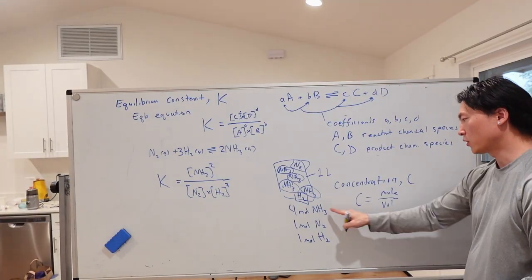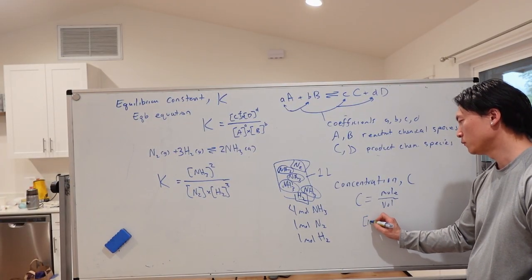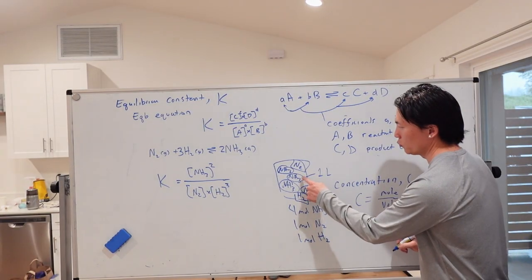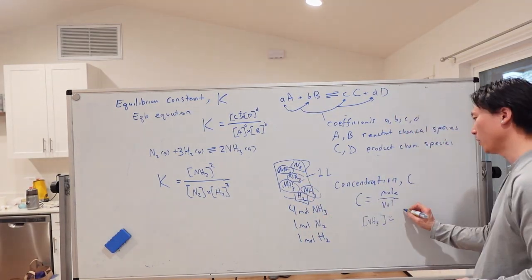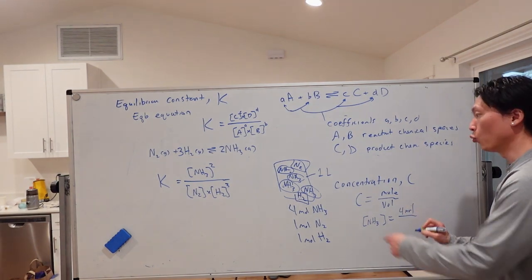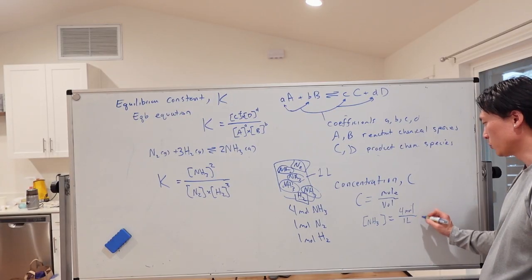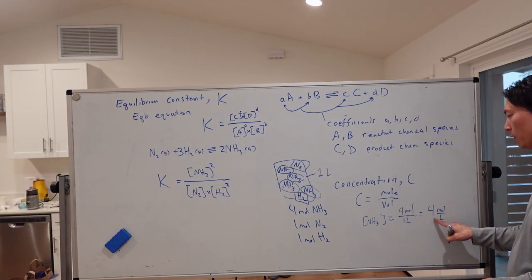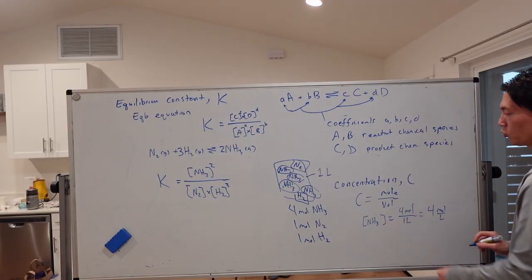We're going to do the concentration of NH3. It's going to equal, let's count them, 1, 2, 3, 4 moles of NH3 divided by 1 liter. So that's just 4 moles per liter. So we have the concentration of NH3 now.